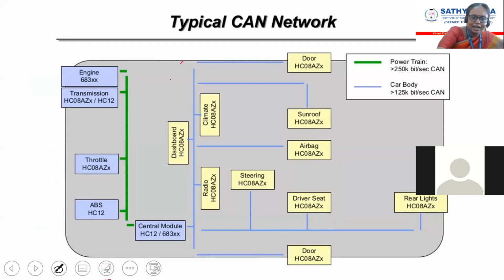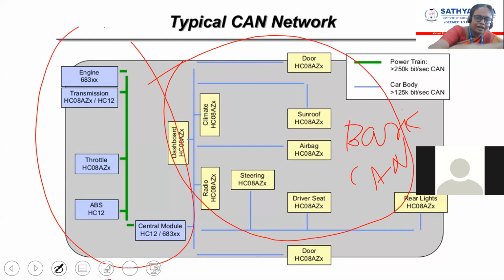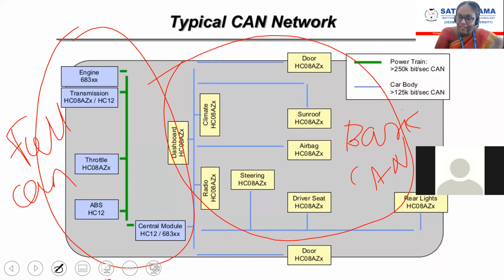This is basic CAN, which the car industry uses: door, sunroof, airbag, driver seat, climate control, radio, rear mirror and all. But this is full CAN, mainly used in bullet trains, metro trains, and power trains; they will use full CAN.